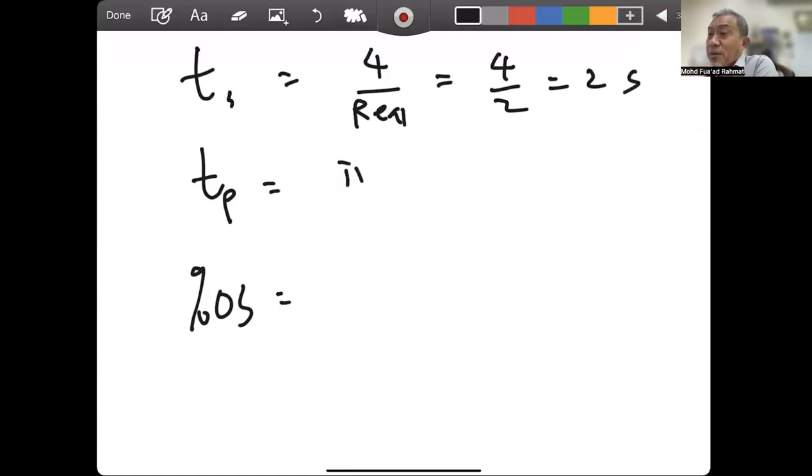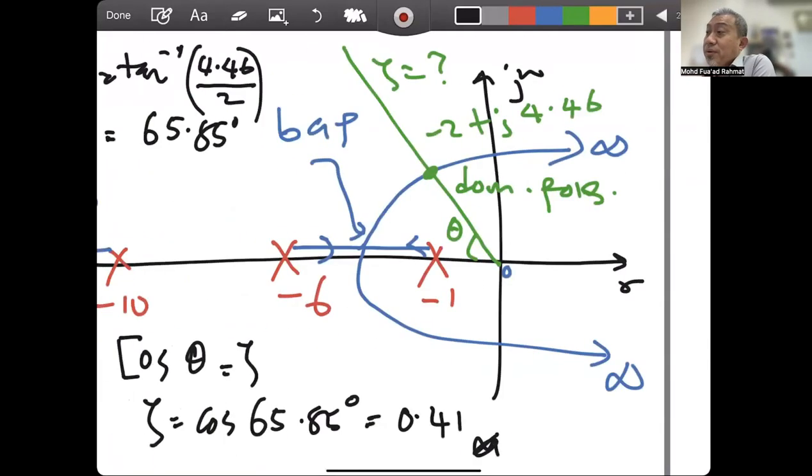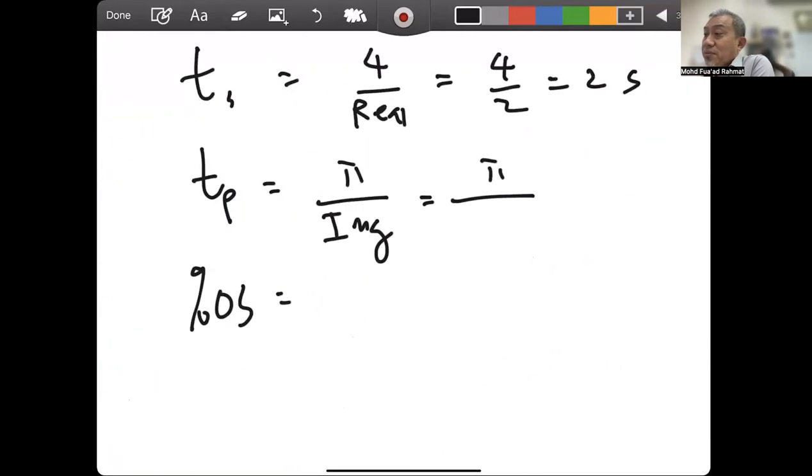Peak time is pi divided by the imaginary part, so pi divided by 4.46, which is 0.7.